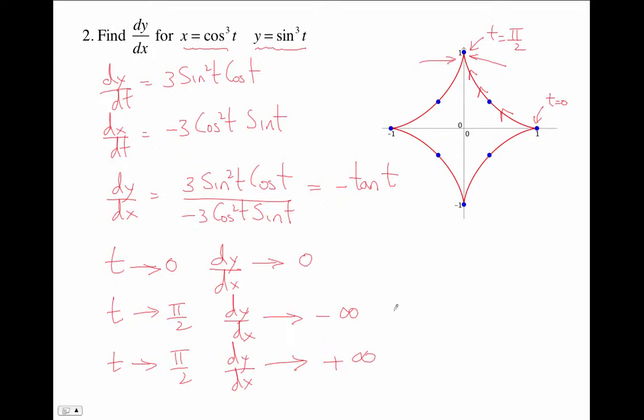So you can see that the derivative does not exist at this point. It also doesn't exist at this point. Here you can see that the derivative is positive towards the right, and here the derivative is negative towards the left.